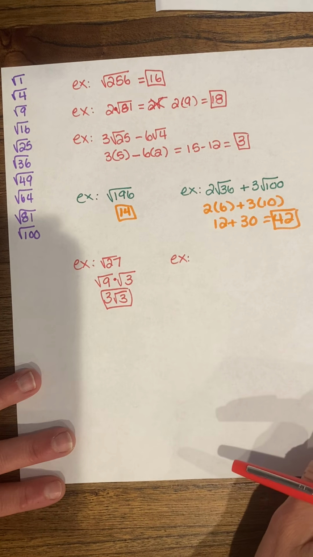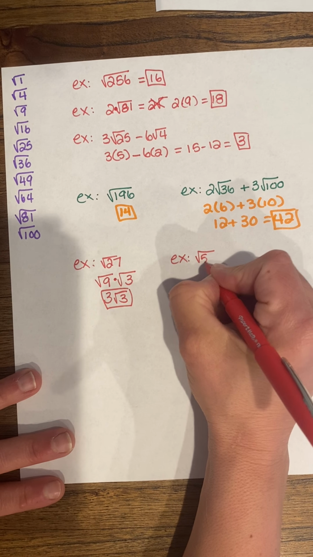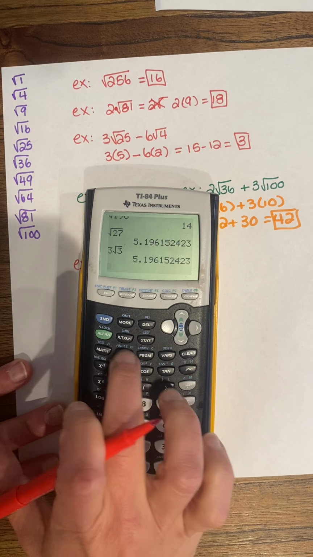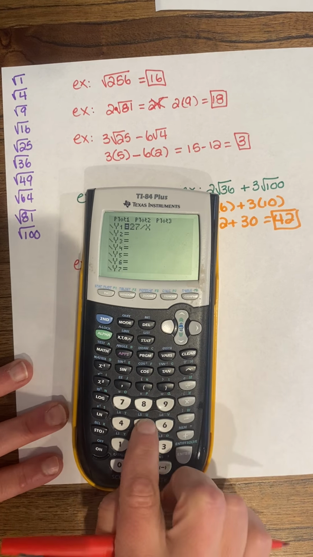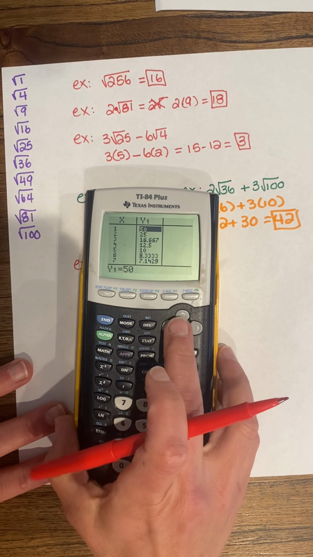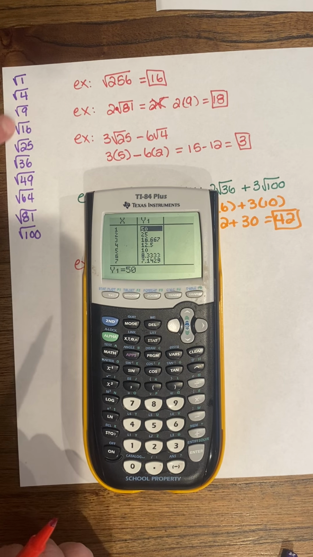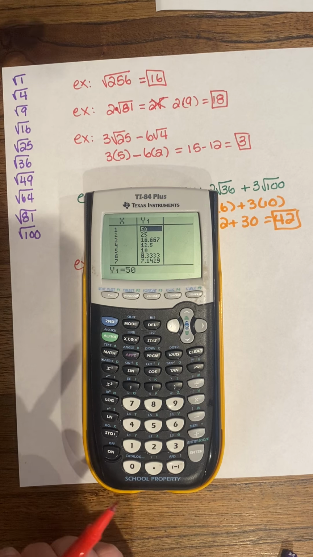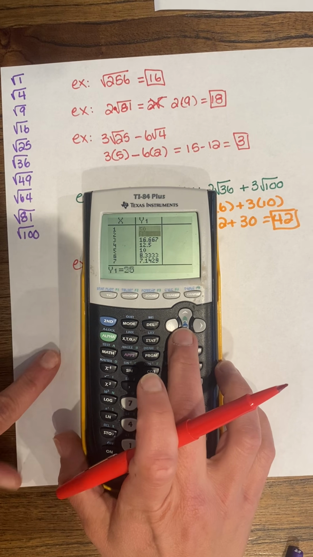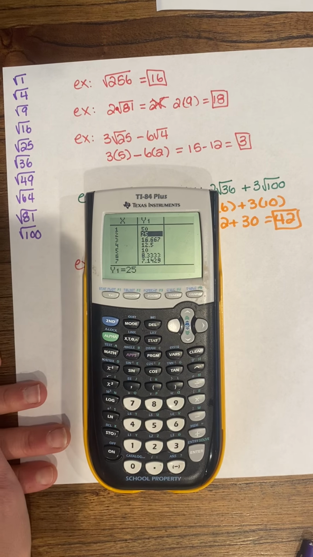Let's do the square root of 50. Again, if I'm not sure what multiplies to be 50, I'm going to put in 50 divided by x and go to the table. I'm going to scroll through this y column looking for the biggest number, and just keep scrolling until you hit a number on this list. 50 is obviously not on this list, but bam, I hit 25 right on my list.